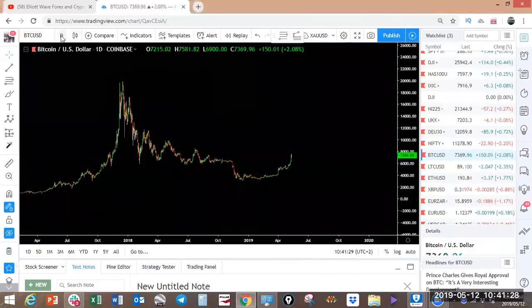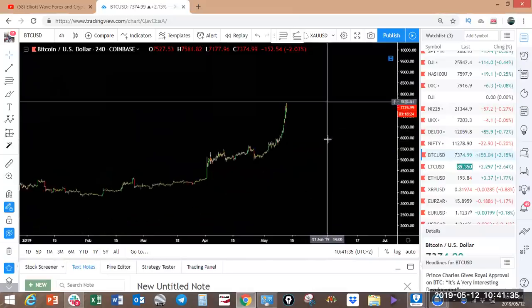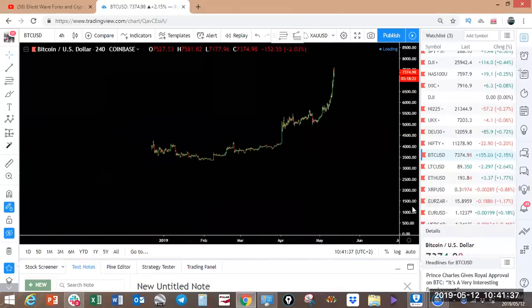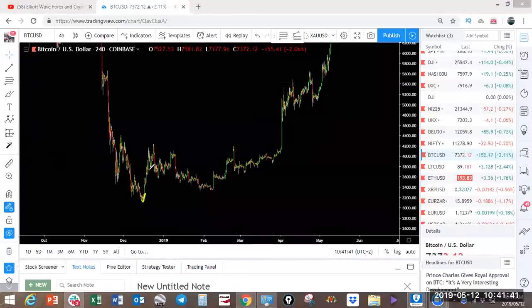Let's go to the 4 hour. This should be practical, it's not theory. Let's have a look at this. If you remember, at the beginning of the year we had this pulsing move. We got these moves to the downside every time it corrected. You can see that it was doing exactly the same thing with the fractals happening here.